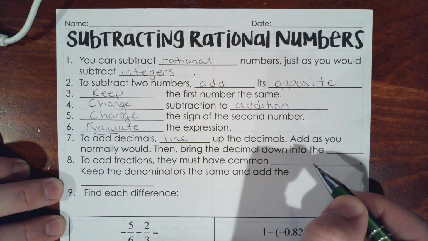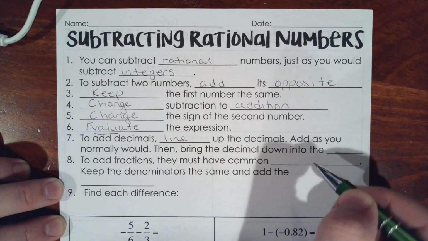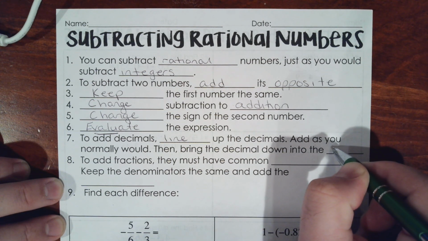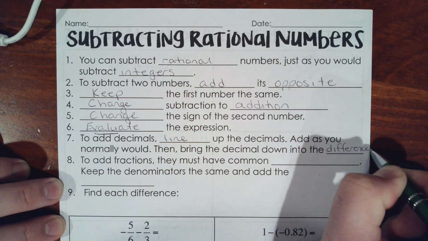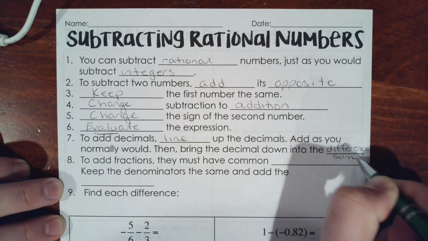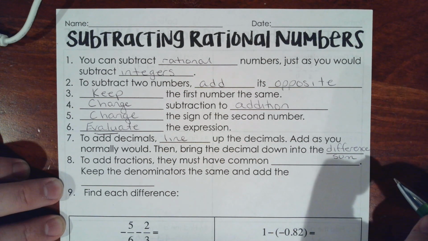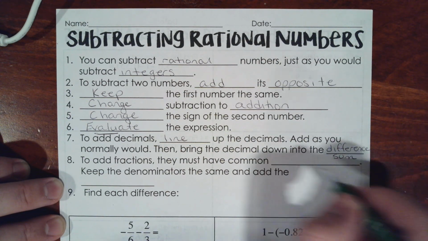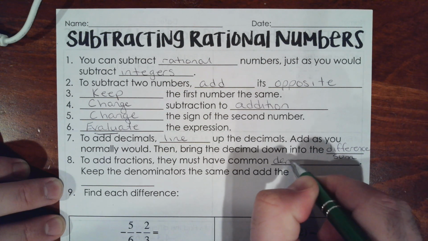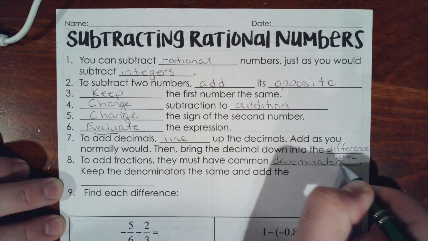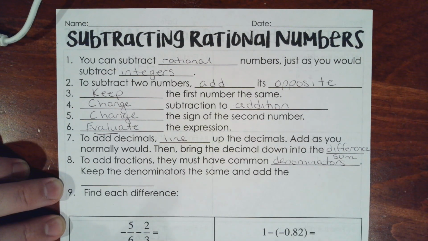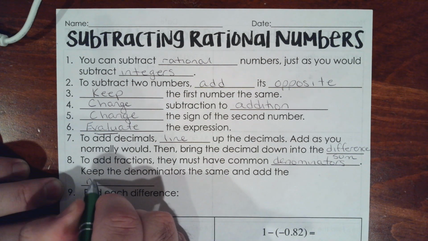Add as you normally would, then bring the decimal down into the difference or the sum. To add fractions, they must have common denominators. Keep the denominators the same and add the numerators.